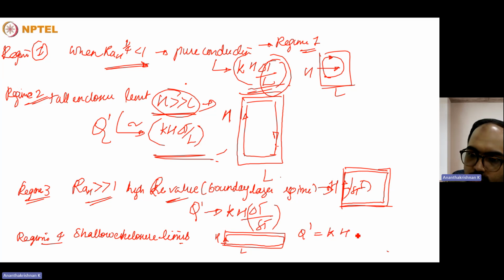There will be the formation of boundary layers, and that will be the limiting scale of the X dimension where the heat transfer happens. So those will be the four regimes of heat transfer.